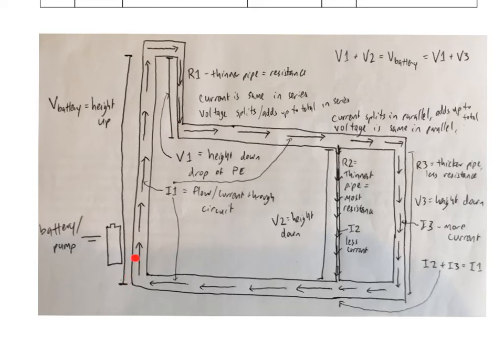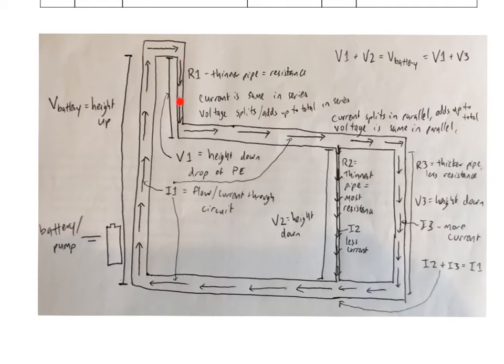So these lines represent the current, how much water and how fast that water is going as it goes through these vertical pipes. You can also think of them as water slides or waterfalls. So in this case, we're going to have three resistors.